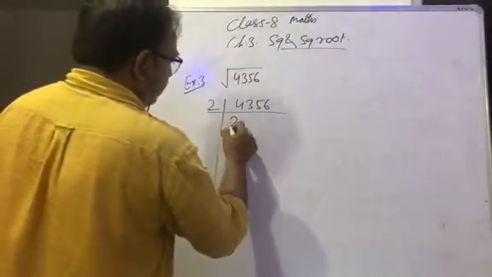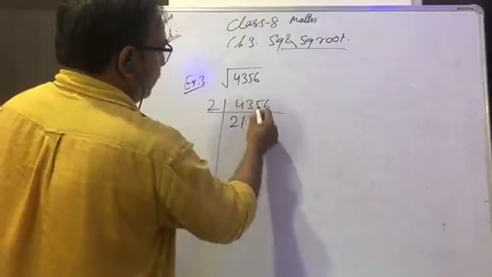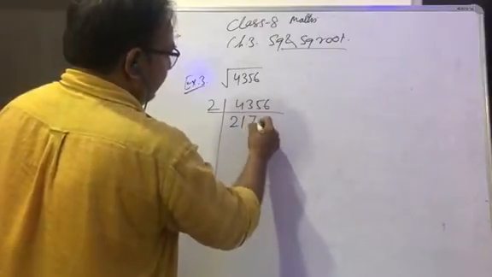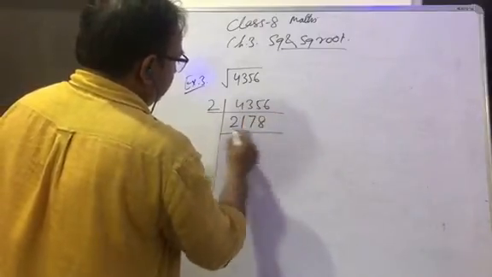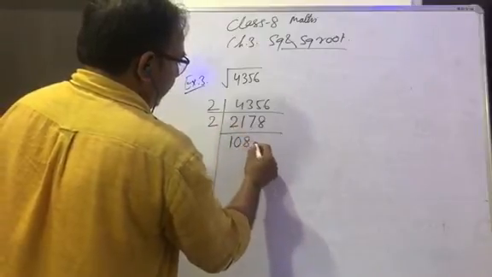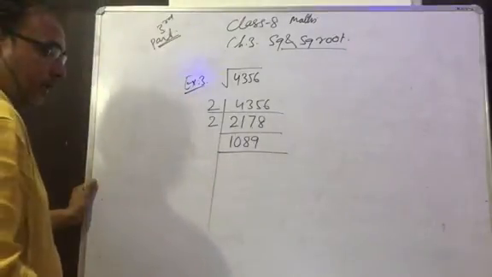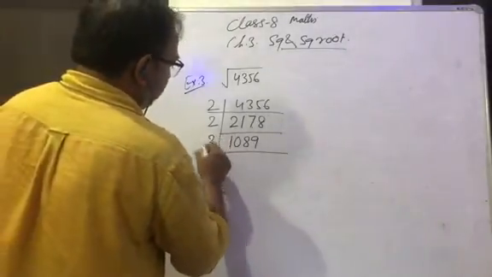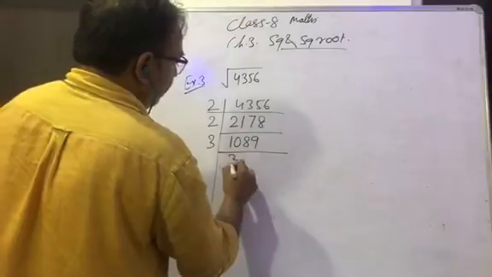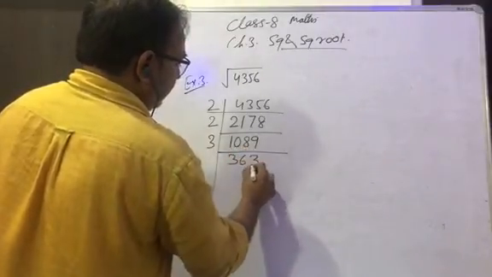So 2 twos are 4, then 2 ones are 2, it will be 2178, then 1089. 1089 is divisible by 3, so it will be 363.